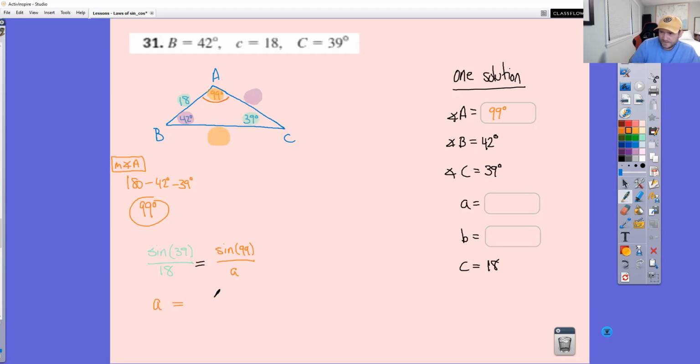So we know we're going to divide by sine 39. So it'll be 18 sine 99 divided by sine 39, which I am calculating as 28.250.